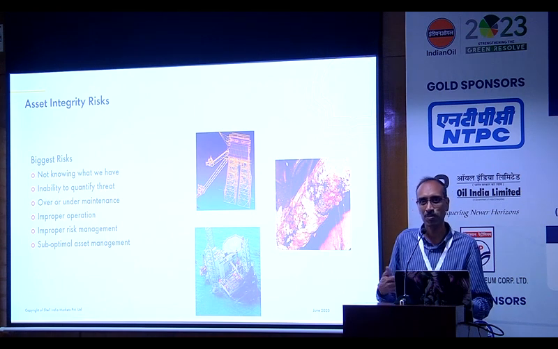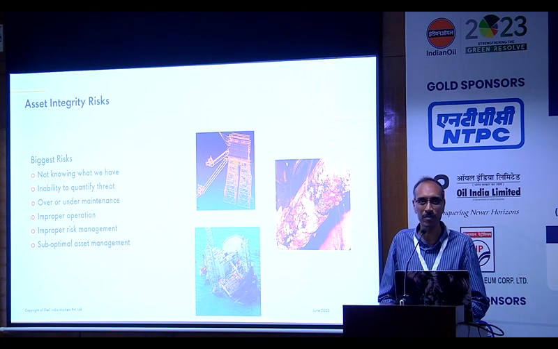In maintenance, a lot of times we tend to reduce our maintenance. We are not at the optimum levels. Sometimes we may do over-maintenance in some sections where it's not needed and neglect others which are more key. We don't understand the complete risks of the system, which may ultimately impact the integrity of the whole asset.